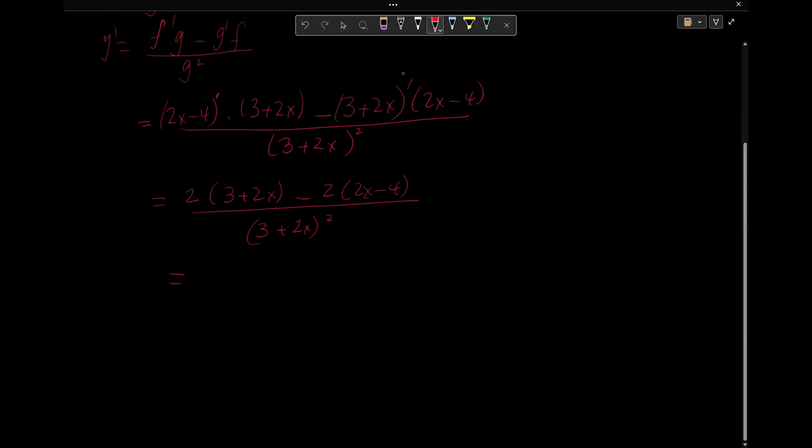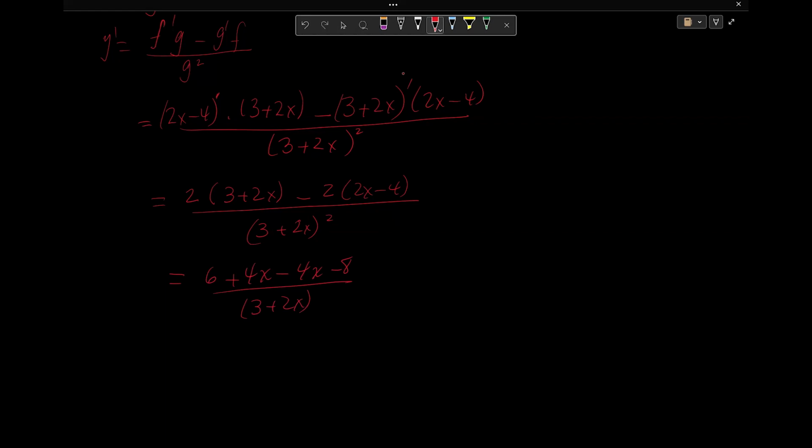So here, multiply things out. 6 plus 4x minus 4x minus 8, over (3 plus 2x) squared. The 4x's cancel out, and we have negative 2 over (3 plus 2x) squared. Right?